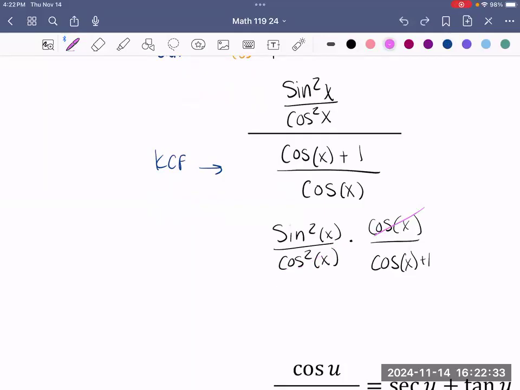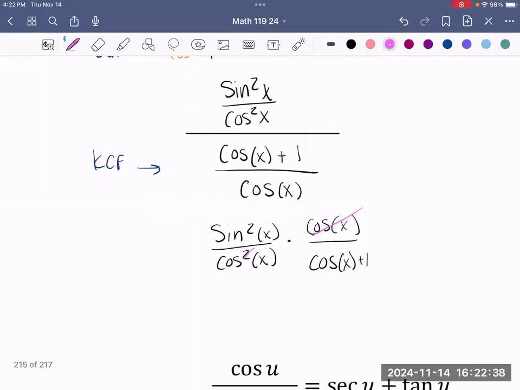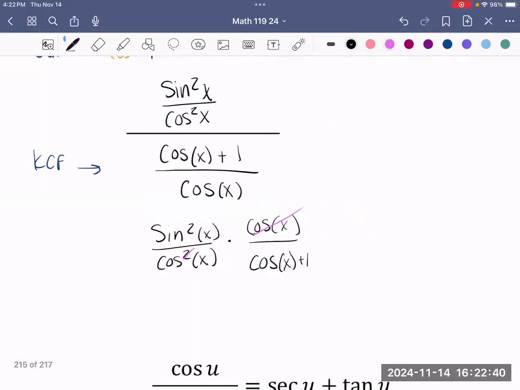One of your cosines with the other is going to cancel. So that's pretty nice for us. So now we have sine squared of x all over just one cosine of x times another cosine of x plus 1.